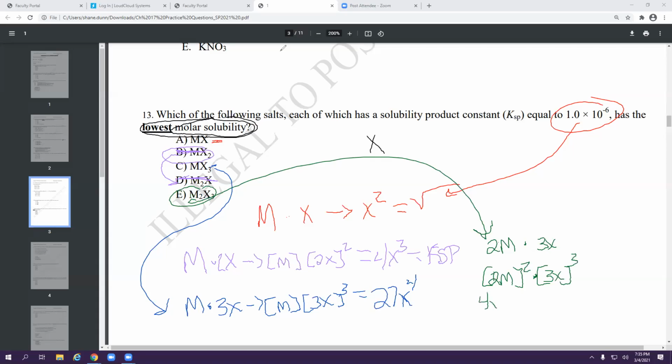So 4x to the 2nd power times 27x to the 3rd power. That's going to be 4 times 27 is what? Like something, right? 108? Yeah. 108x to the 7th power.